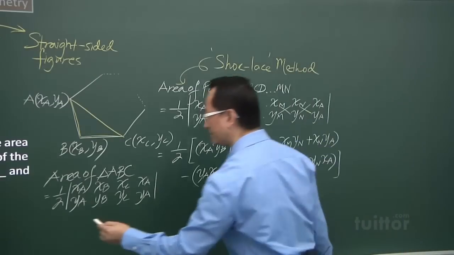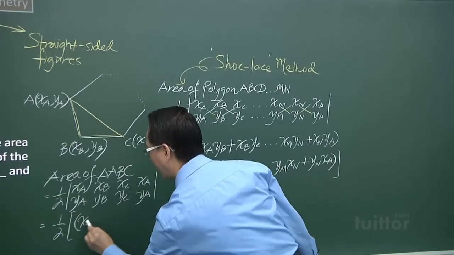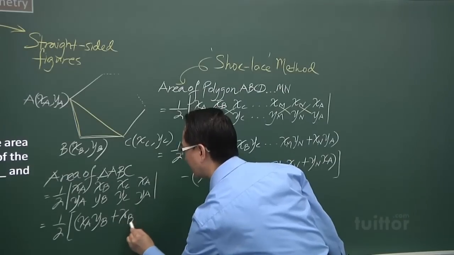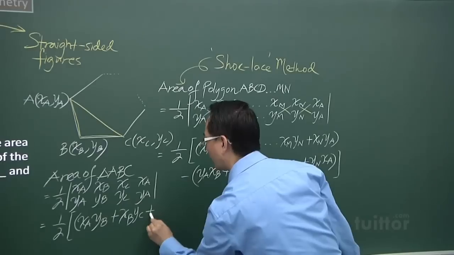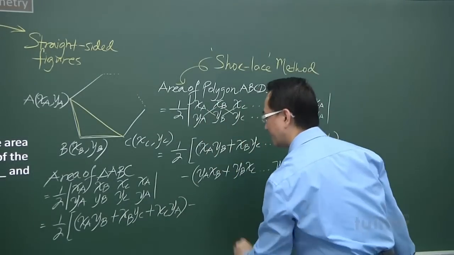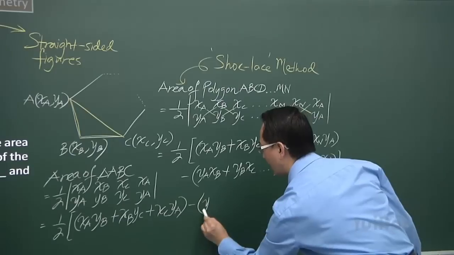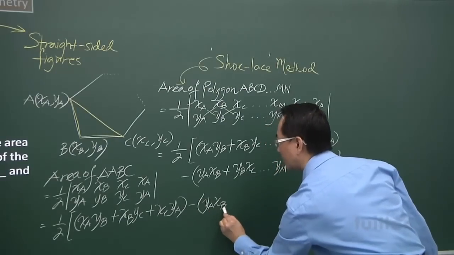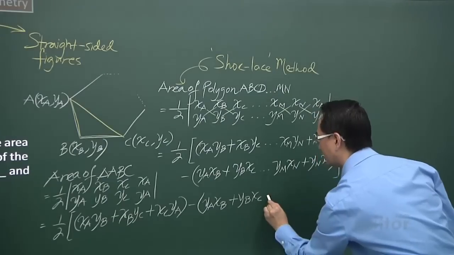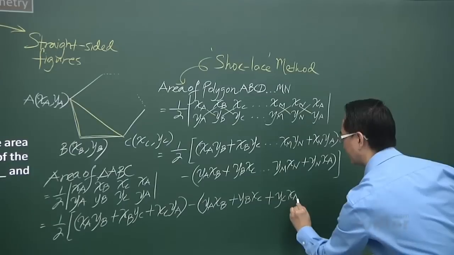Then to extend it, half of XA times YB plus XB times YC plus XC times YA, minus, I'll go bottom up, YA XB plus YB XC plus YC times XA.